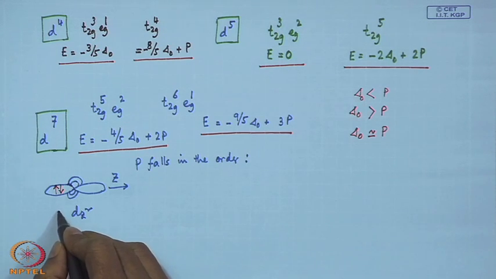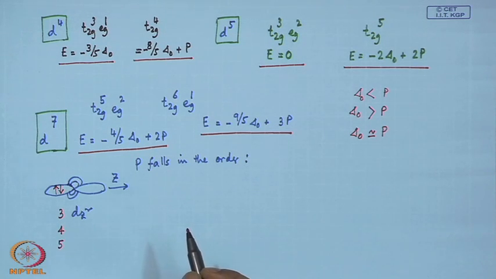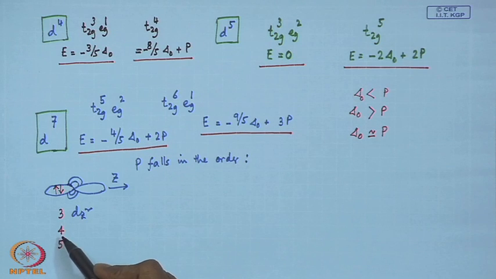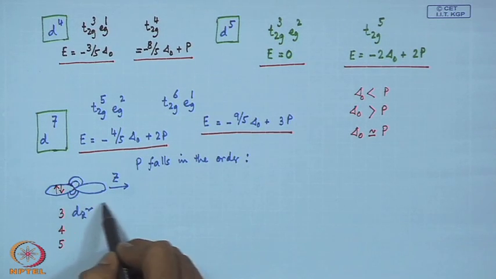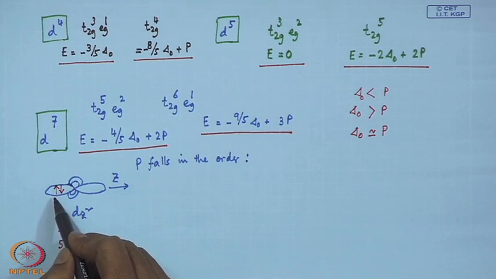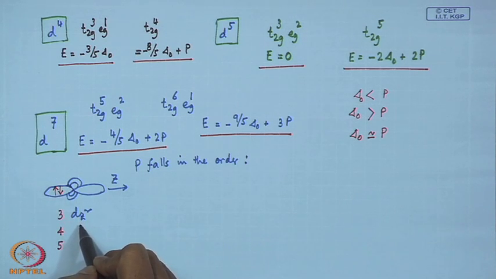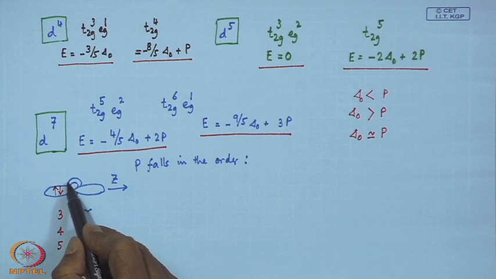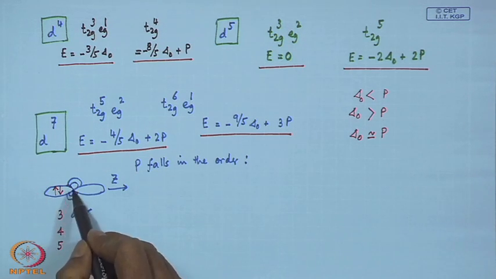So, compared to 3dz square, 4dz square and 5dz square, when the principal quantum number is changing from 3 to 4, 4 to 5, the size of these d levels is increasing. That means the maximum amount of repulsion can be observed when 2 electrons are present in the dz square level only, where the size is bigger compared to 3dz square to 4dz square.